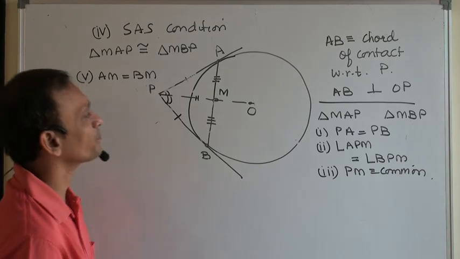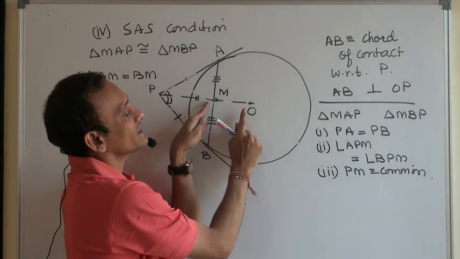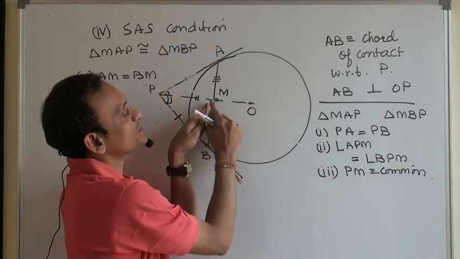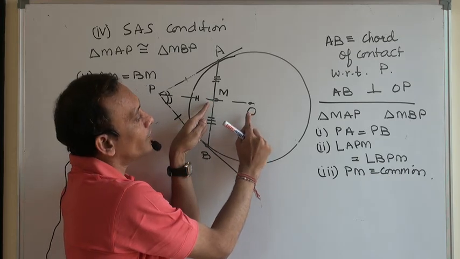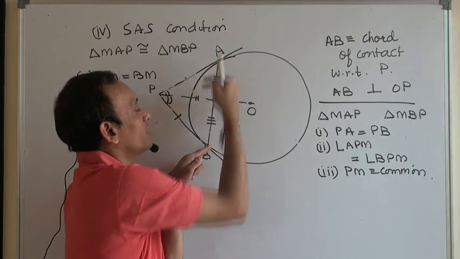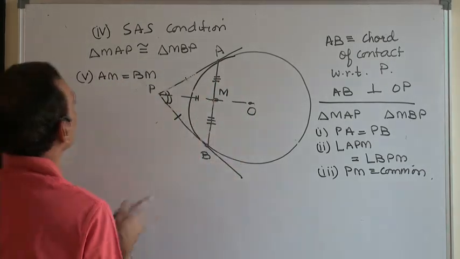And OM is what? OM is the line joining the center to the midpoint of a chord, and therefore must be perpendicular to the chord, right? M is the midpoint of AB. The line joining the center to the midpoint must be perpendicular to the chord.